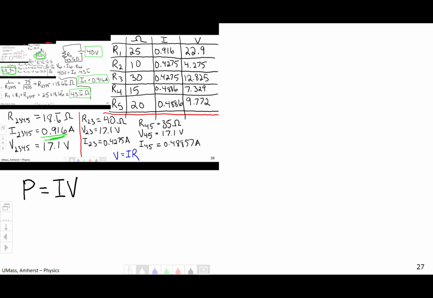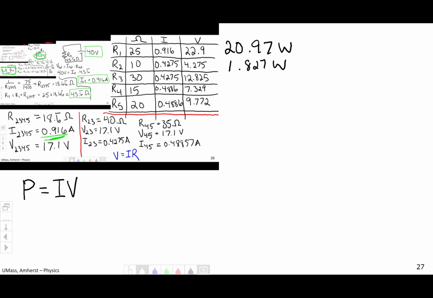So we have 0.916 times 22.9, which is 20.97 watts. And we have 0.4275 times 4.275, which is 1.827 watts.